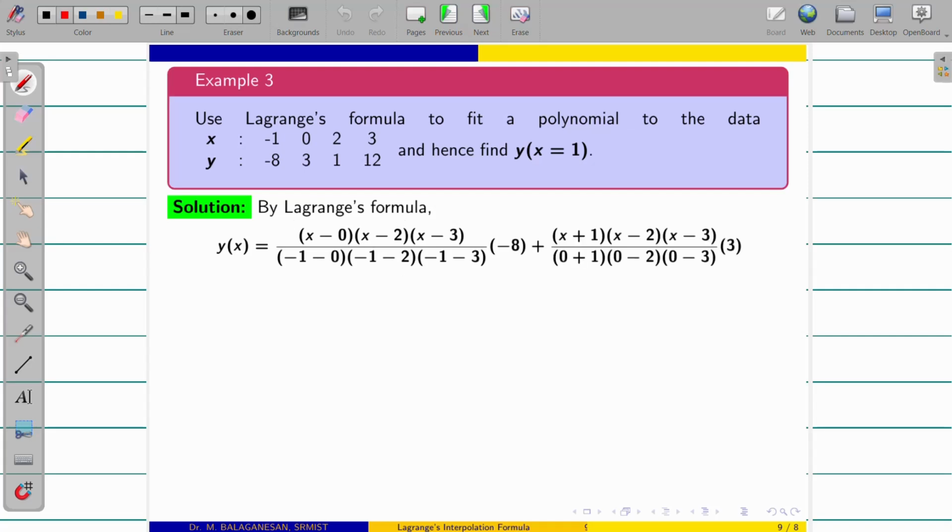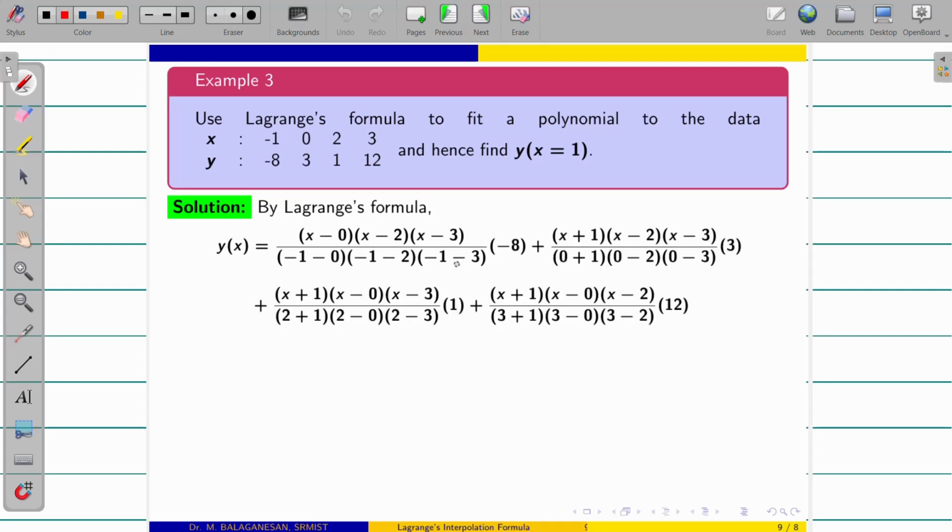So I have written Lagrange's interpolation formula. I gave the same clue in the previous topic when we did the divided difference concept. If you want to fit the polynomial, do not fit the polynomial first; try to find the value first. First find y of 1.